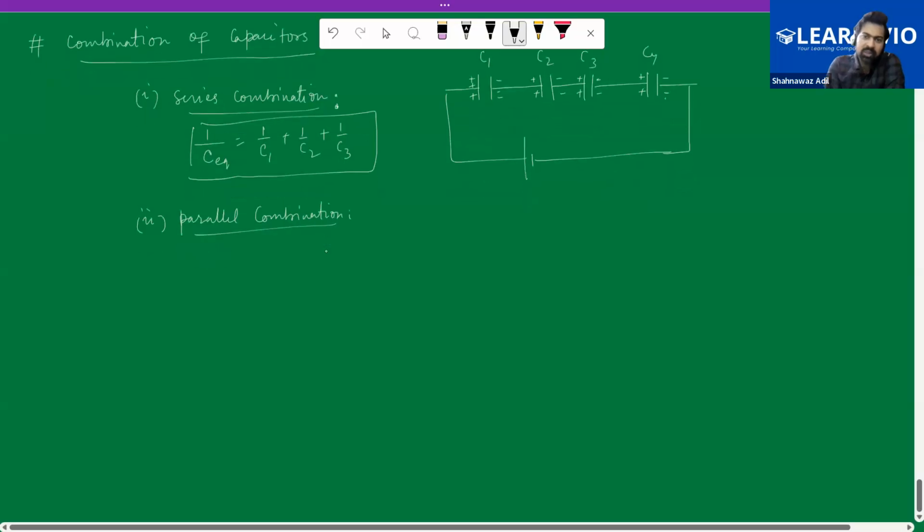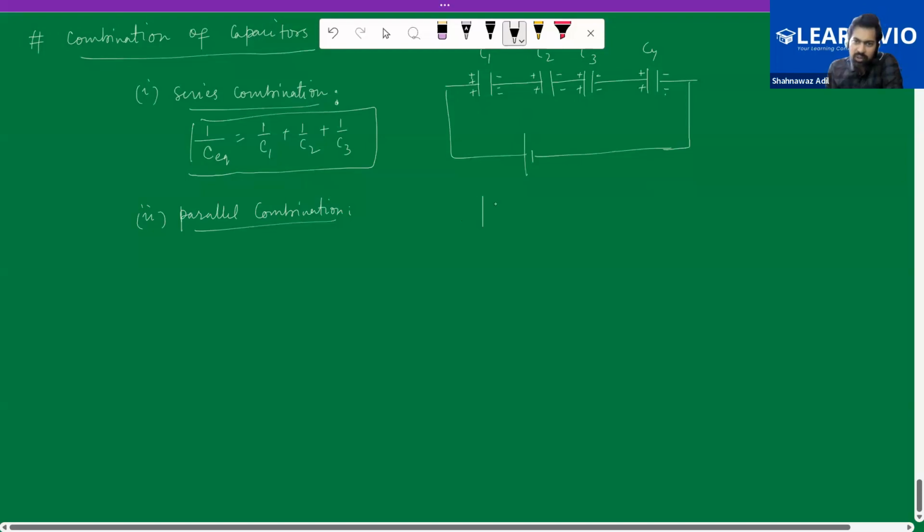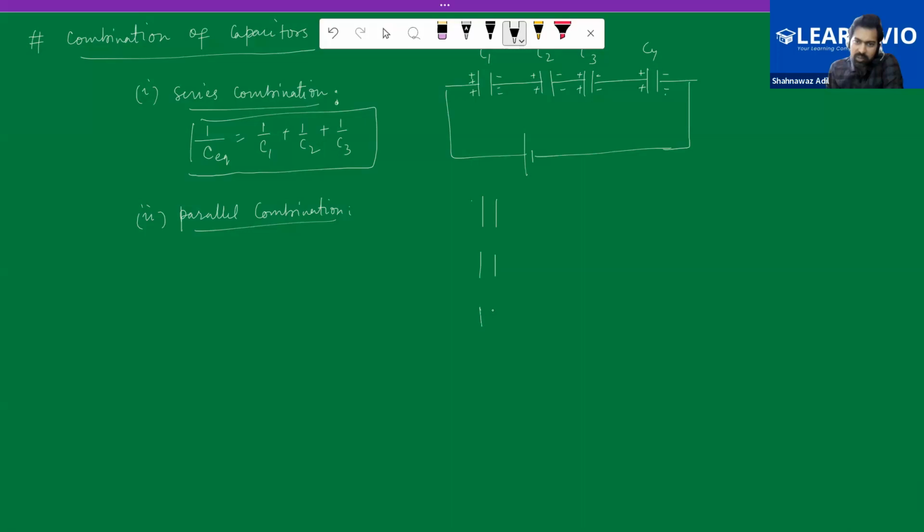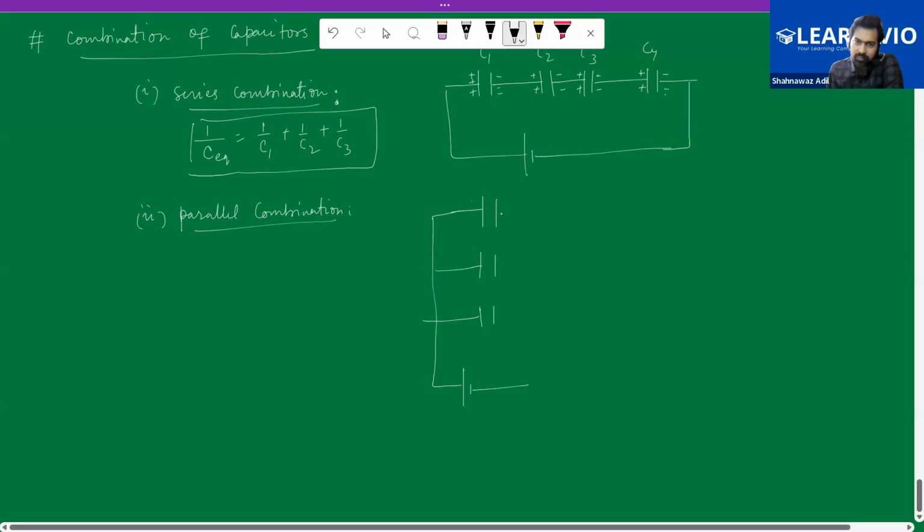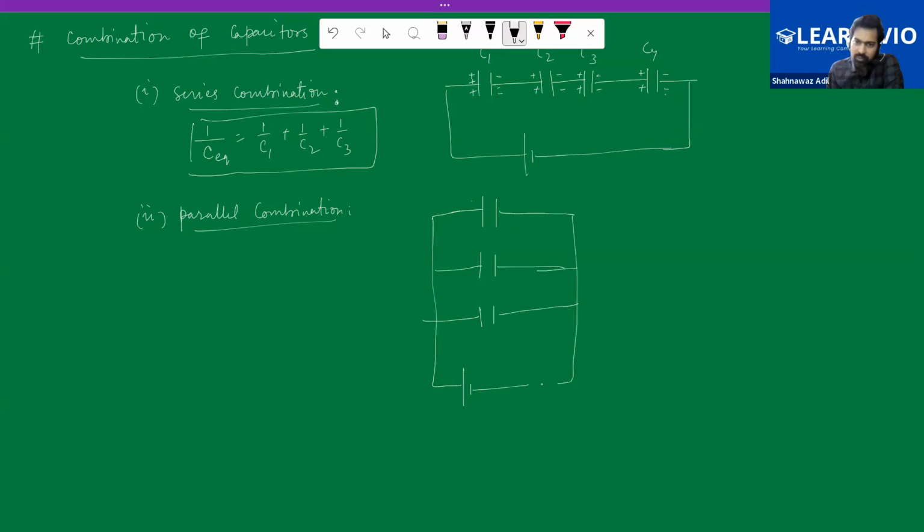In parallel combination, what do we have? All the positive ones are connected with the positive ones, right? So this is positive, and this is positive.